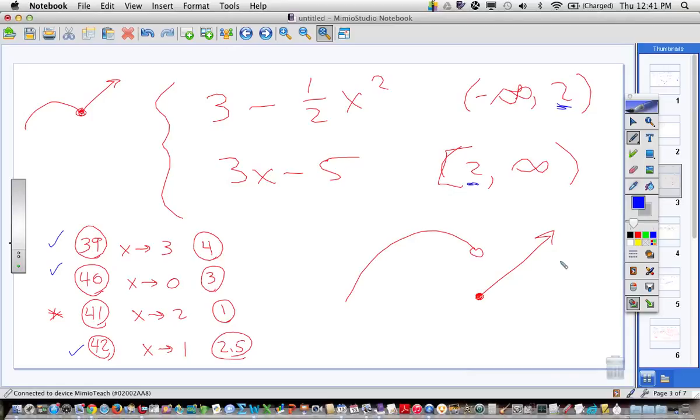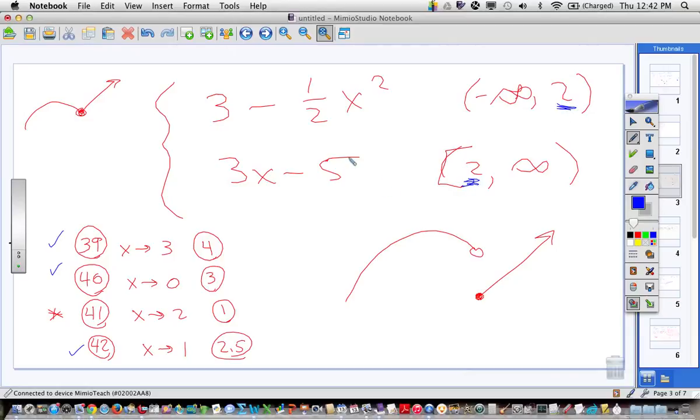The guy was saying, well, there's a break here, the limit doesn't exist, but there's a lot of other places the limit does exist. It exists over here and here and here, and the cars would be here, right? Well, that's what you're doing when you plugged in your 3 and your 0 and your 1. You were just on your parabola or on your line, and you know the limit's going to work at those, because the cars are going to meet, because those are just nice, regular old graphs. The only place we really have an issue is at 2.